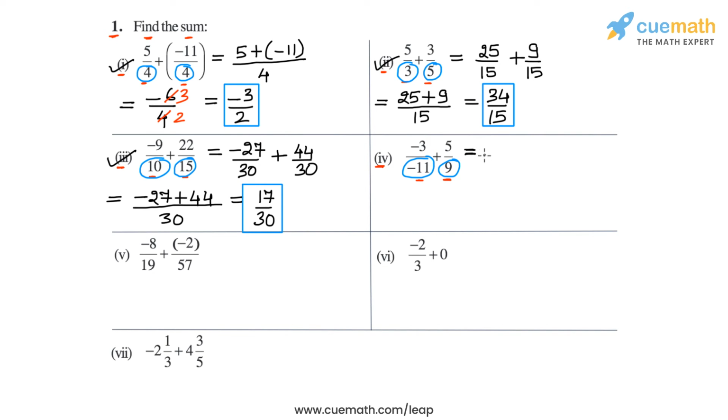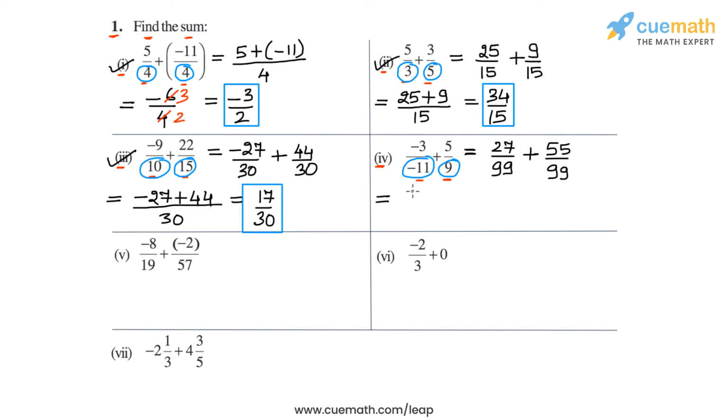So to convert minus 3 by minus 11 into a rational number with denominator 99, we can multiply above and below by minus 9. So that will convert it into 27 by 99. And similarly, the second number 5 by 9, we can write this as 55 by 99. If you want, you can pause the video and verify these calculations. I am writing these directly.